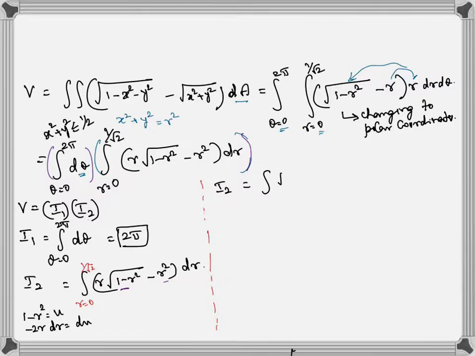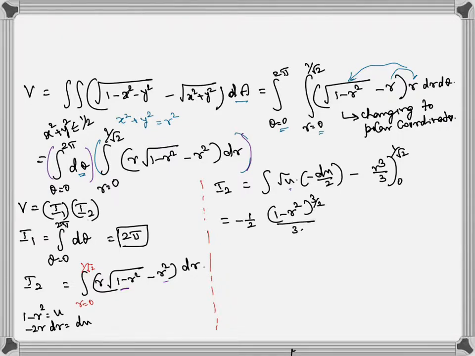So I2 will be equal to the integral of square root of u times negative du over 2, minus r cube over 3, everything evaluated between the limits 0 and 1 over radical 2. If you change u back to 1 minus r square, it is 1 minus r square to the power 3 by 2 over 3 by 2, minus r cube over 3.